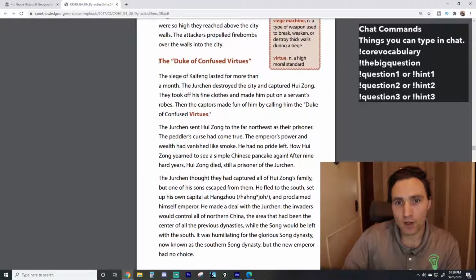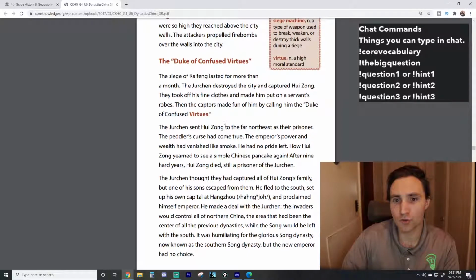Make sure you're following along with your own book or on the screen. The siege of Kaifeng lasted for more than a month. The Jurchen destroyed the city and captured Huizhong. They took off his fine clothes and made him put on a servant's robes. Then the captors made fun of him by calling him the Duke of Confused Virtues.